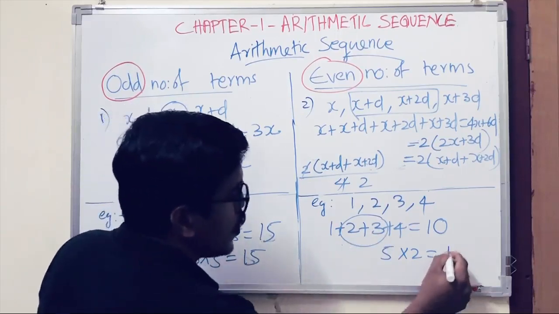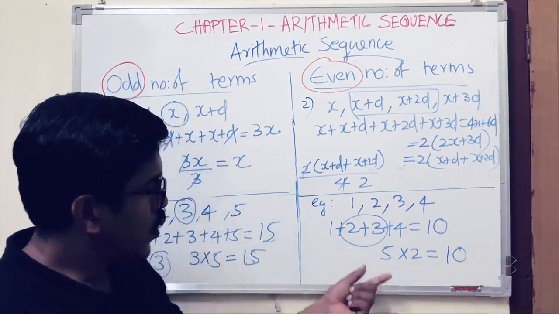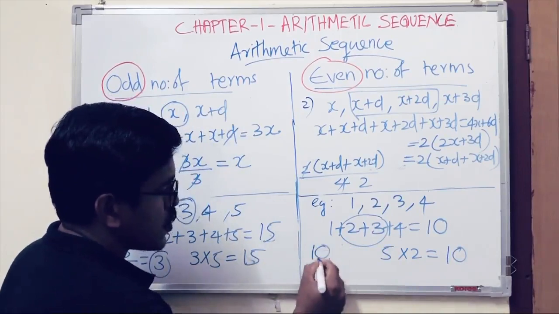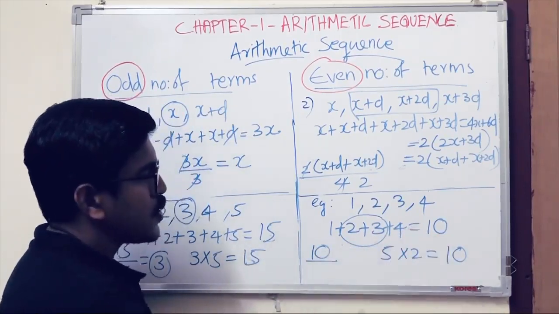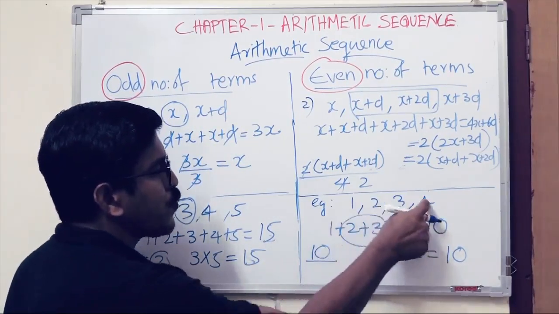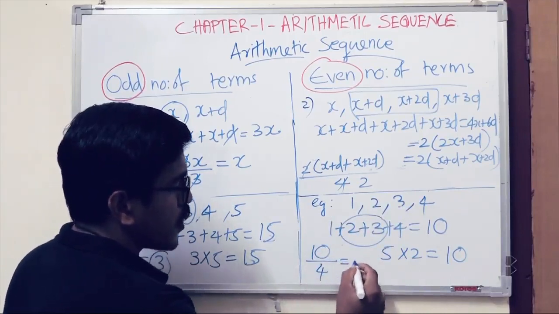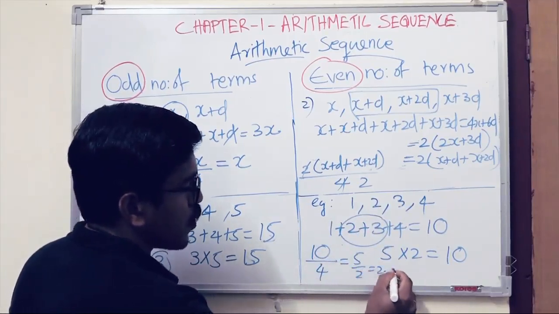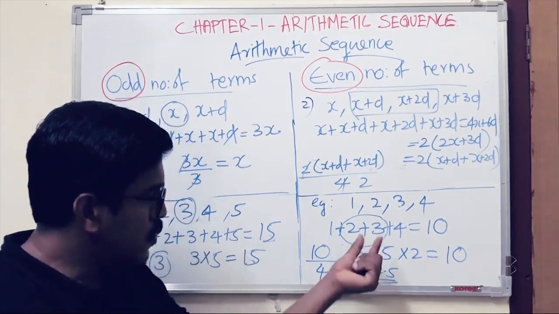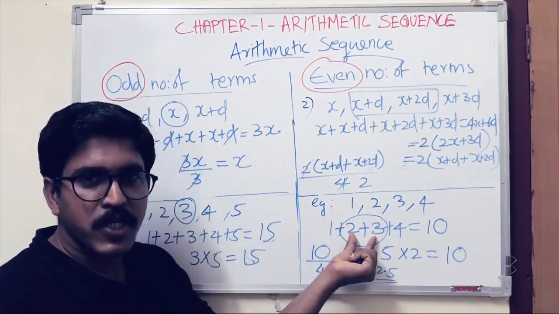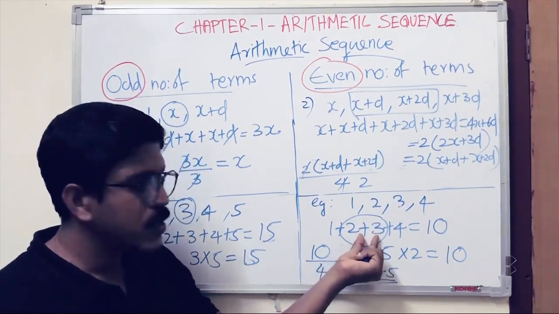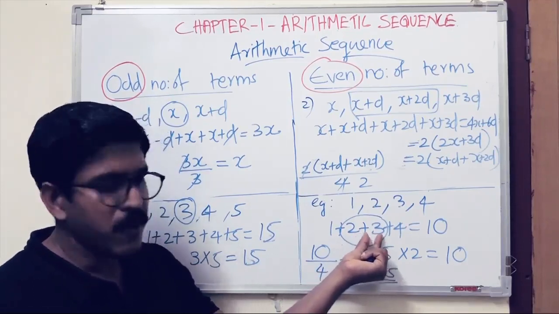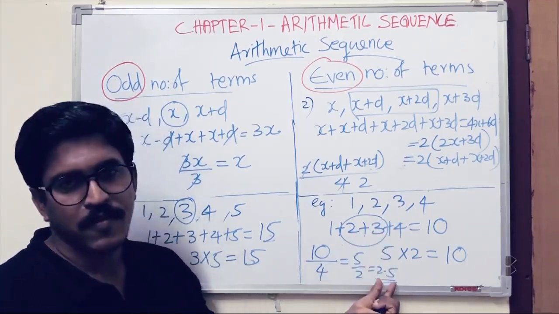That is 10 we are getting. Now if you are taking the average, the sum is 10 and 4 terms are here, then we are getting 5 by 2, that is 2.5. That is the average of the middle two terms itself, 2 plus 3, 5, 5 by 2, 2.5 itself.